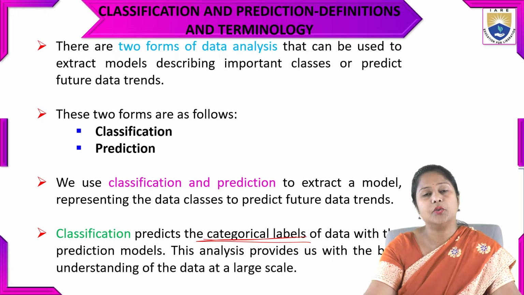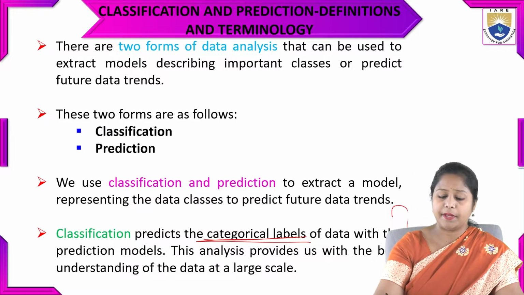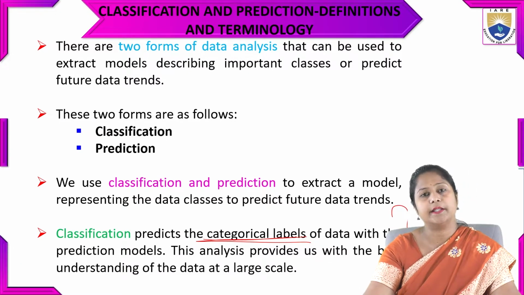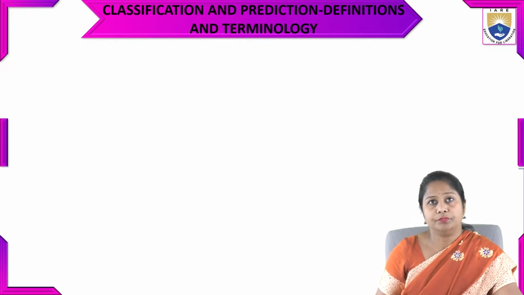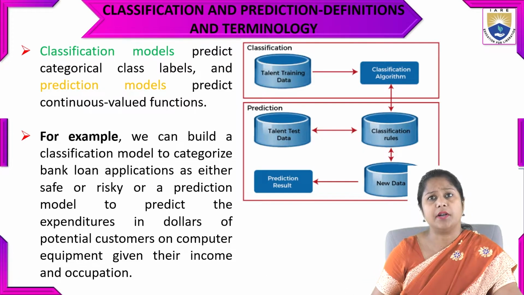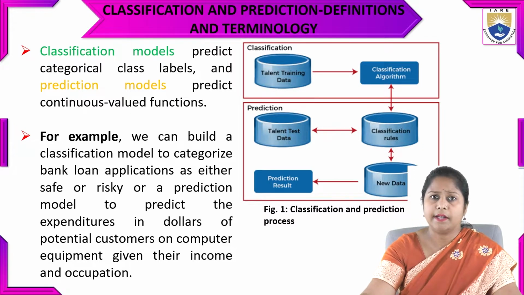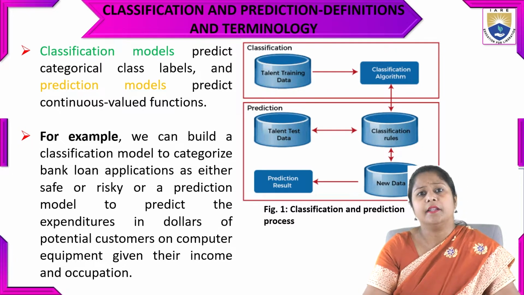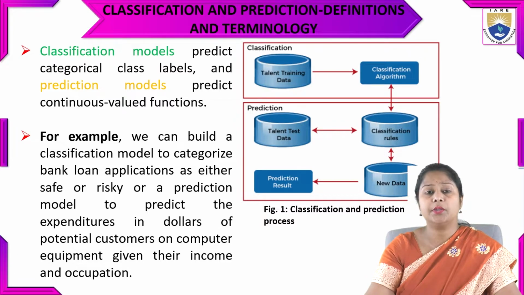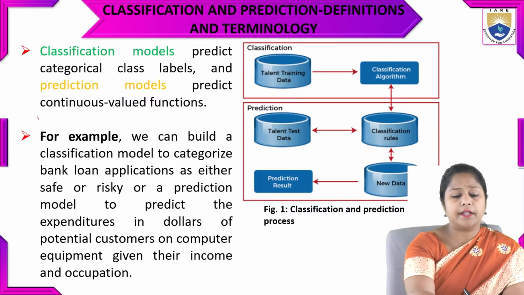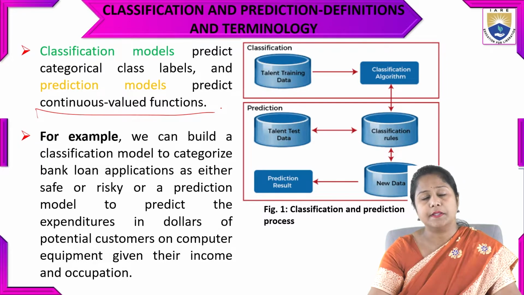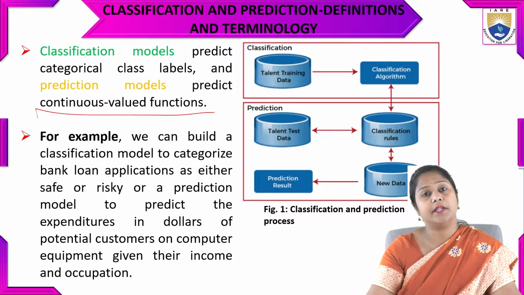This analysis gives us the best understanding of the data when we have a large amount of data in the database. On the other hand, prediction predicts continuous valued functions. This is the main difference between these.